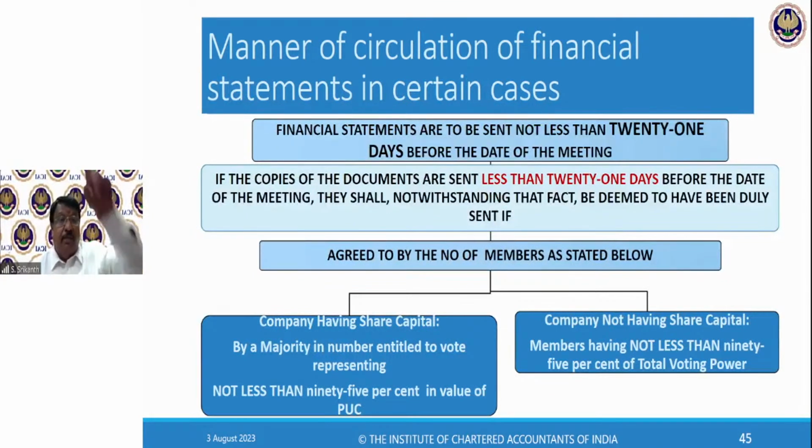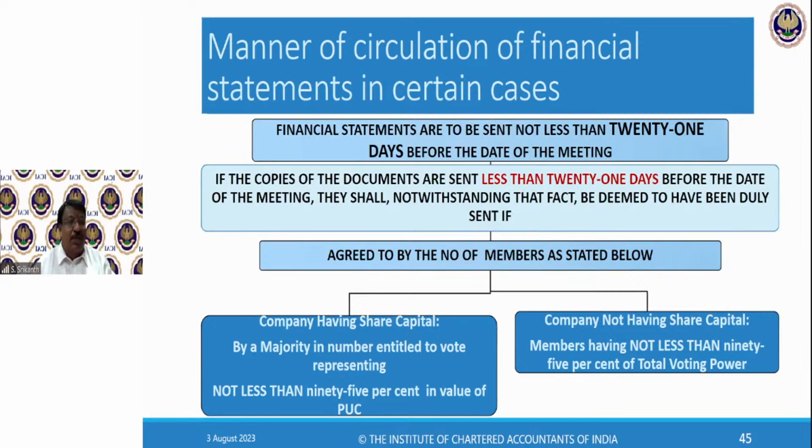But here they are saying majority in number entitled to vote. Suppose the company is having 300 members, 100 full vote, 200 half vote. Still, I need to get 151. Majority in number entitled to vote. This fellow may be half vote. I cannot say proportionately 200 will be taken as 100. No. You get 151.